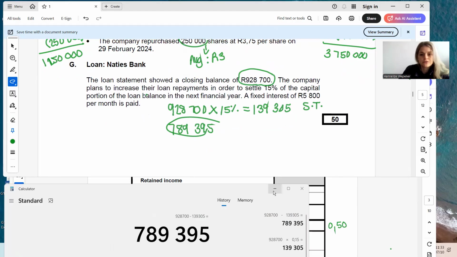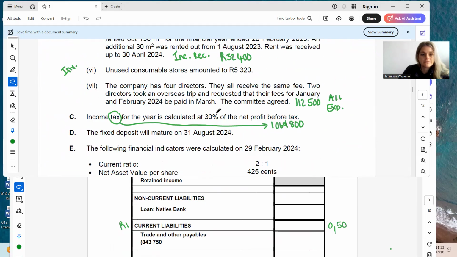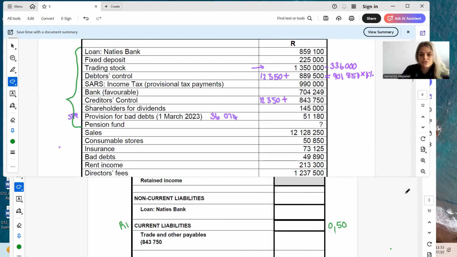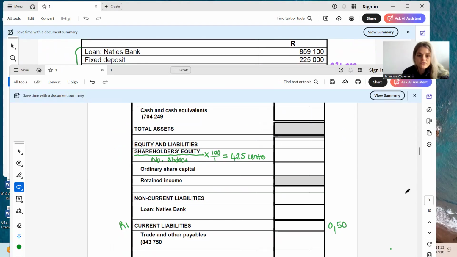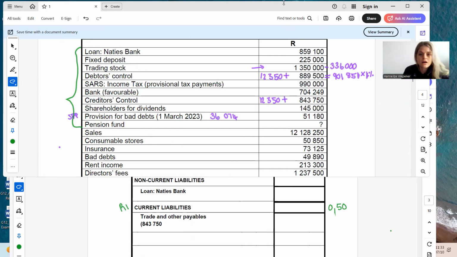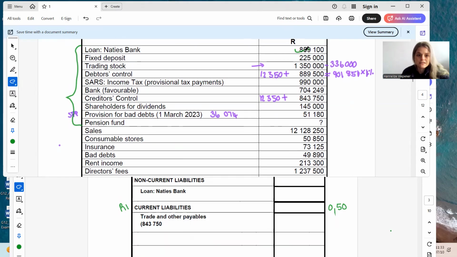So now let's go to the top again, because we always start with our trial balance amounts. First of all, it says here loan, but it's fine because they just gave us the loan balance in the last information, so we're done with that.